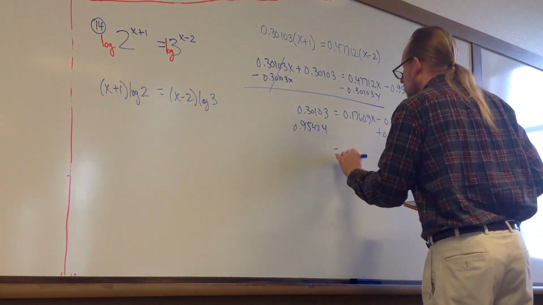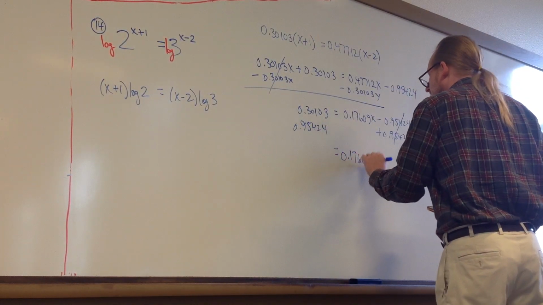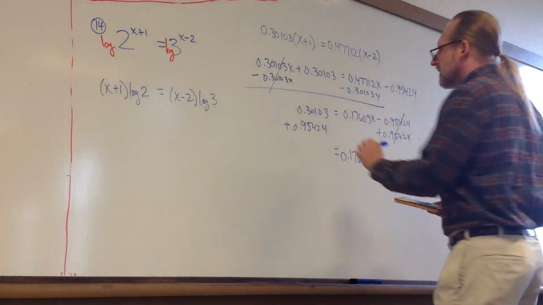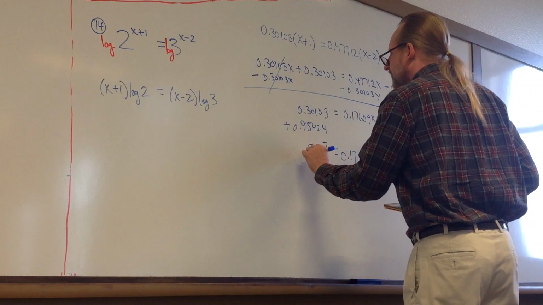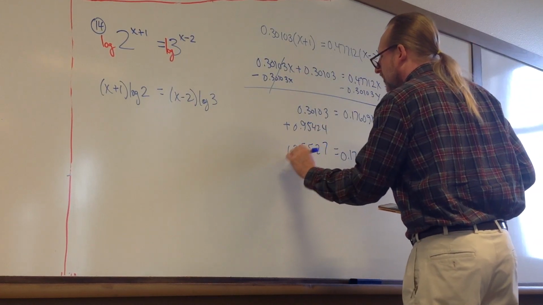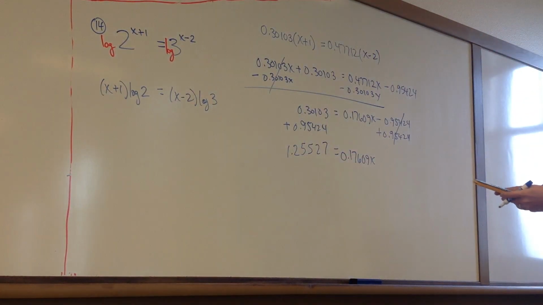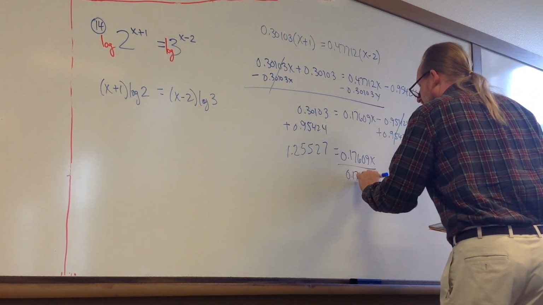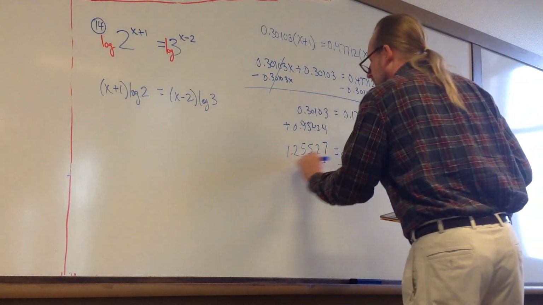Those cancel out. This stays the same. And then over here, we're adding, it'll be 1.25527. Great. And then we'll divide on both sides by 0.17609.